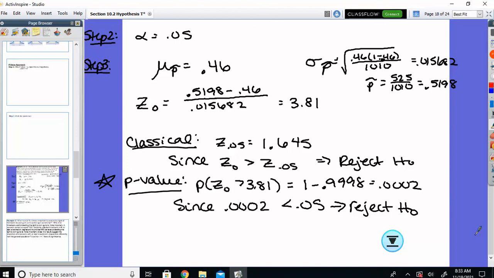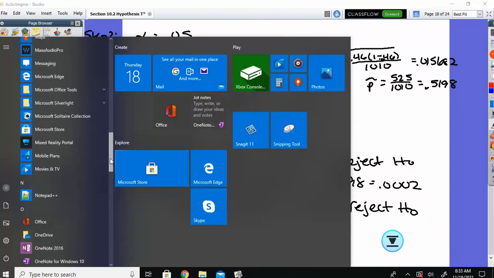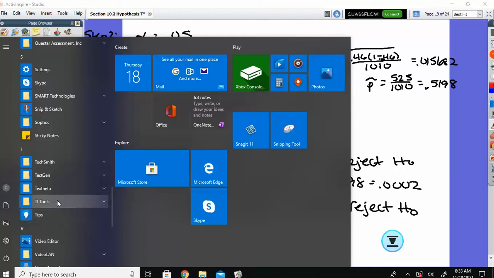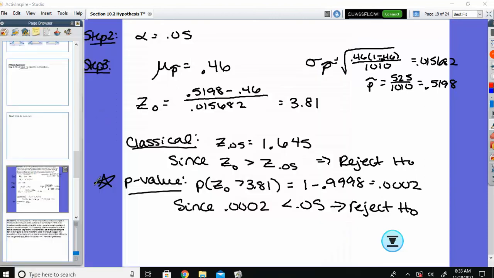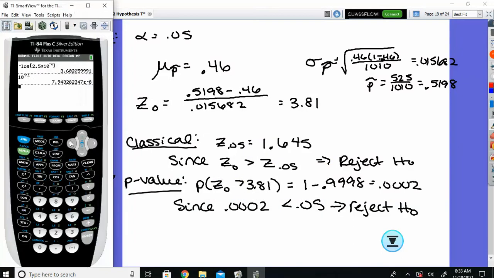I would also like to talk about how to do this on the calculator, if we could. So everybody grab your calculator. We are going to go into our stat tests like we were doing in the last chapter. And this time we are actually testing.